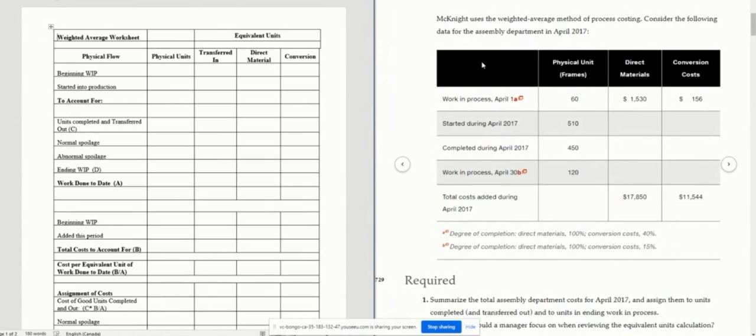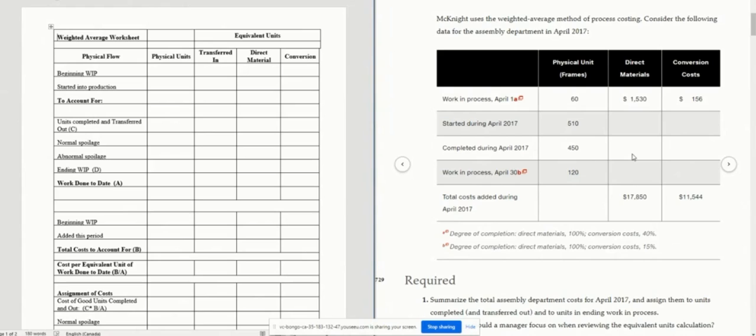So what's the information that they give us? Well, we have a beginning work in process, which has 60 physical units in it, of which there's a certain amount of cost associated with materials and conversion. We're going to start 510 units.